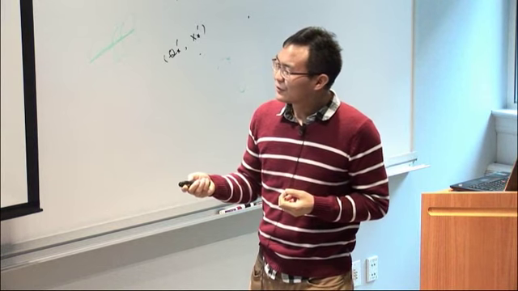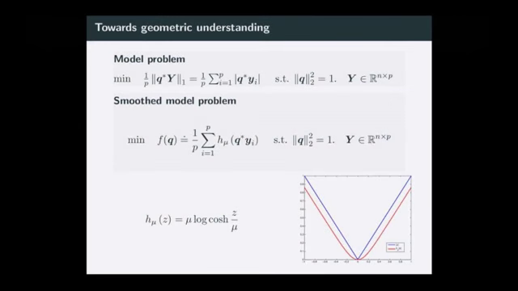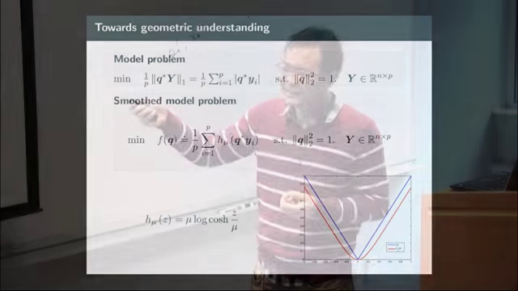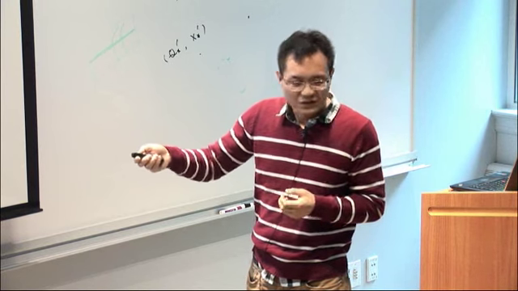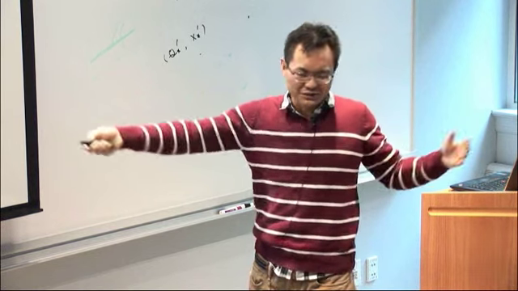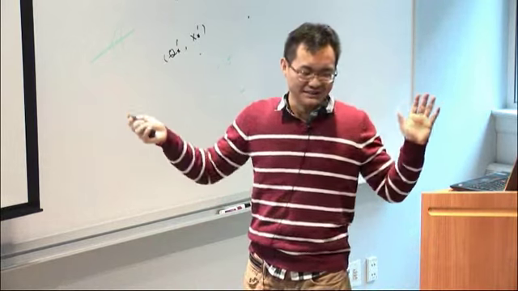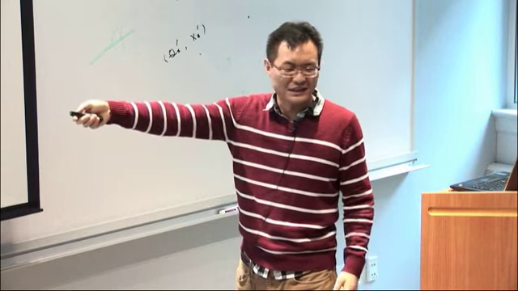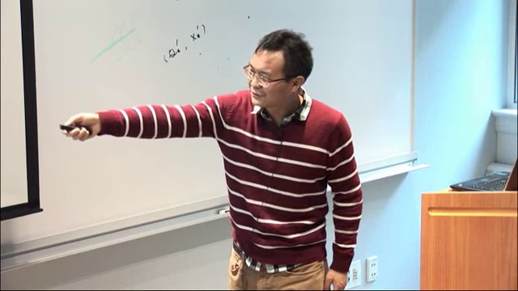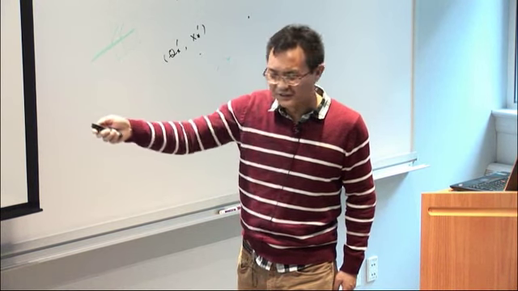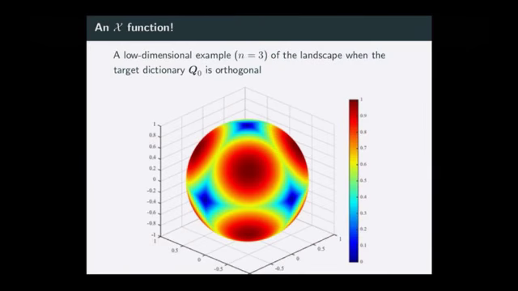What I plot here assumes the dimension is only 3, and I send P to infinity. That means I actually get tens of thousands of samples generated by the random model. And I plot what this function looks like on the sphere. This is what it looks like.